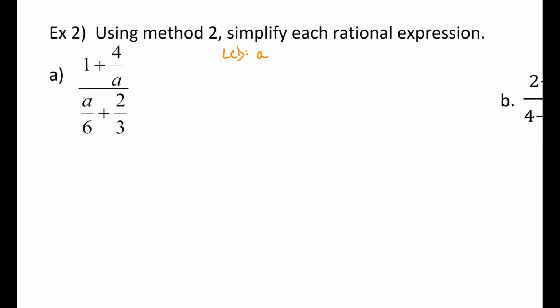I have 6 and 3. So what's the least common multiple between there? 6. So 6A is going to be the least common multiple of all the denominators. So that means I'm going to multiply all of this by 6A and all of this by 6A.